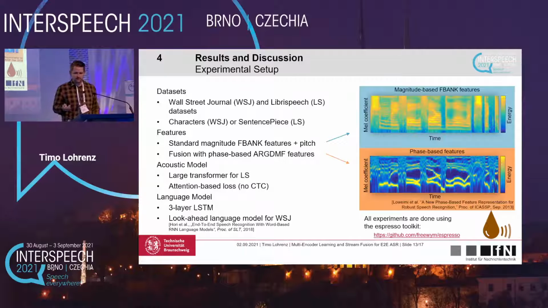The language model that we employed is actually a 3-layer LSTM. One thing that's special for Wall Street Journal is that we use the look-ahead language model, which is pretty cool because it's a technique to learn your language model on word level, and then it can also output on character level, which is important for Wall Street Journal, where we use characters.